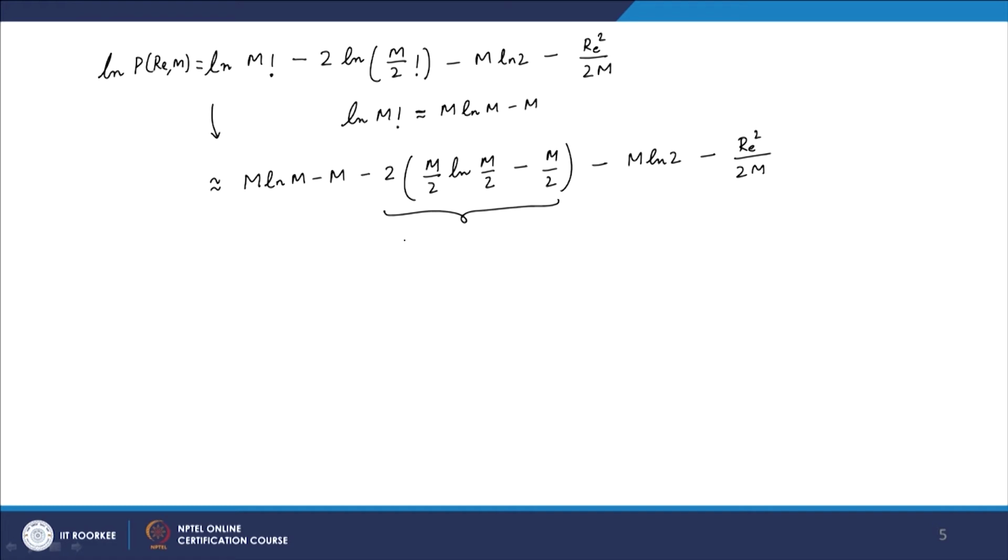This thing we can write again as m ln m minus m ln 2 minus m, and again we have similar cancellations. And we get this as minus Re square by 2m. We do not have the other term that we had earlier.